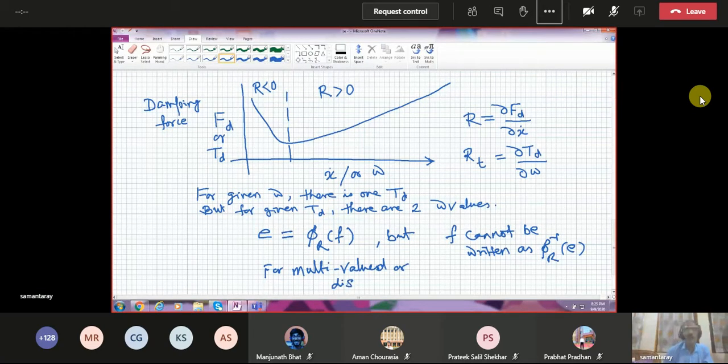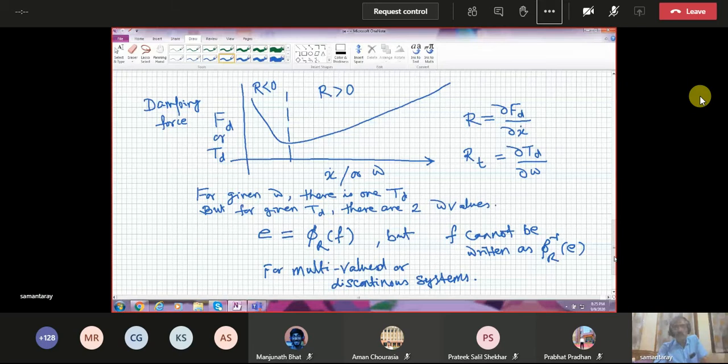So in these cases, the relation can be written only in one way, not the opposite. So a journal bearing is an example of this system, and this negative damping is very important.